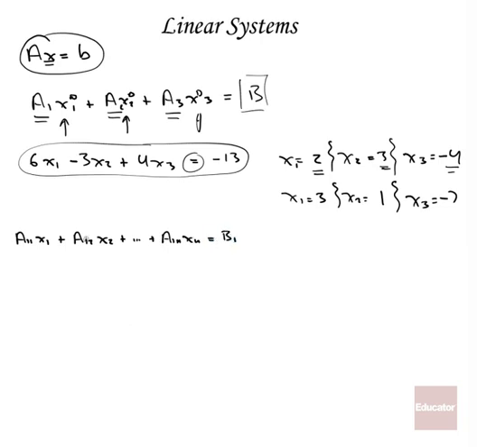So this just says our first equation. We have n variables, that's the x1 to xn, and these are just the coefficients in front of those variables, the x's, and this is just some number. So this is one linear equation.